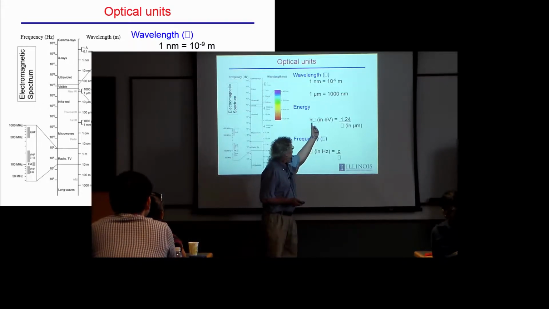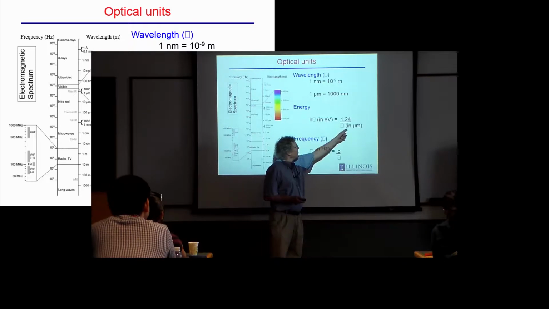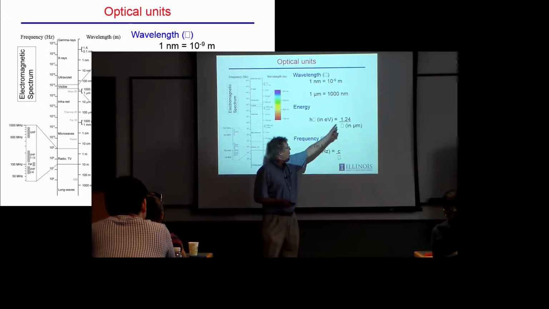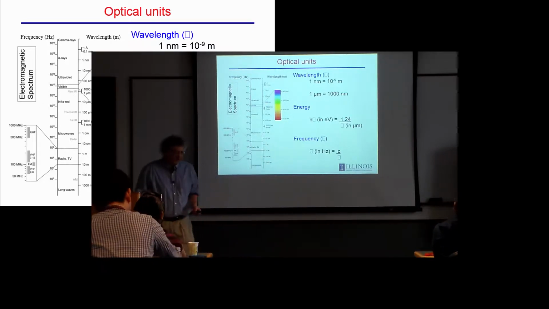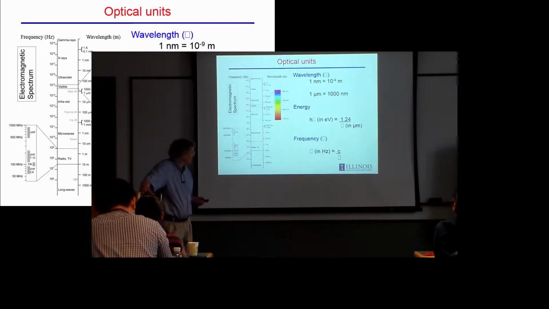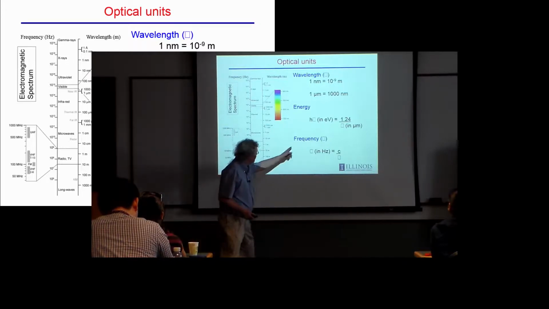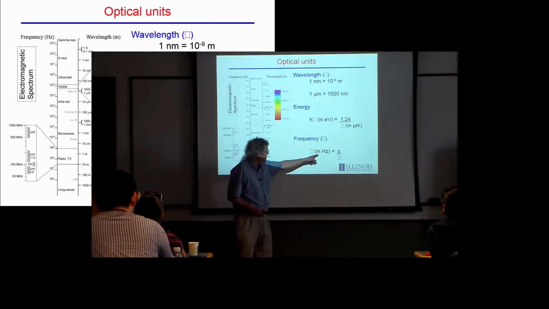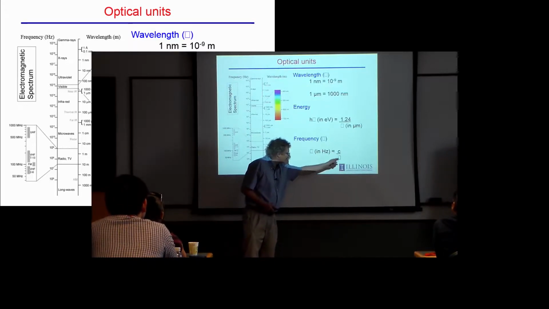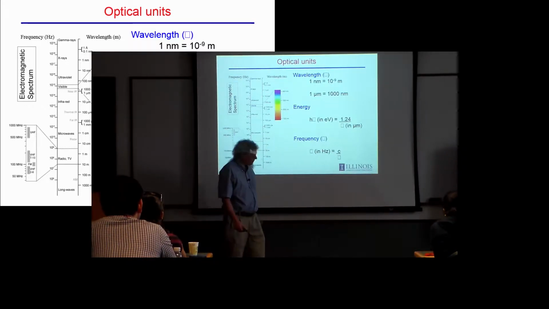So typically if we measure this in electron volts, it's 1.24 divided by lambda, where lambda is measured in microns. And the 1.24 is just a unique combination of Planck's constant and the speed of light. And then finally, frequency, which is measured in hertz, is just the speed of light over the wavelength.